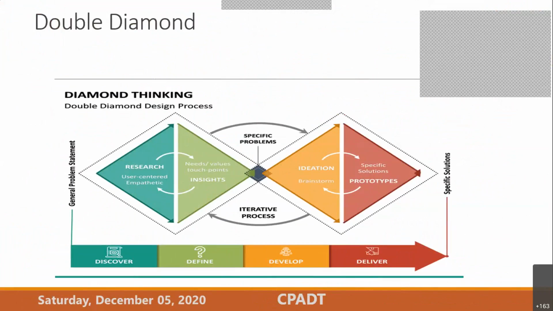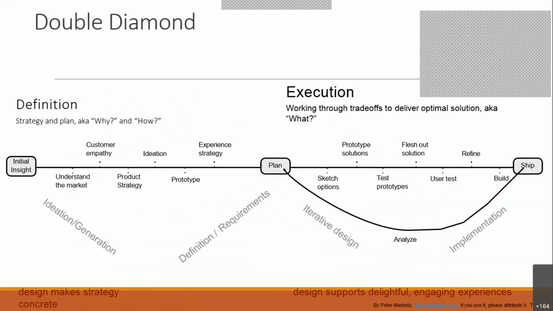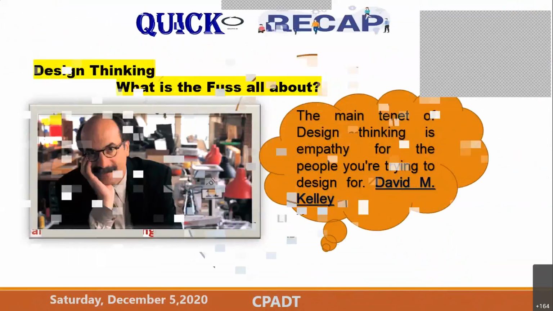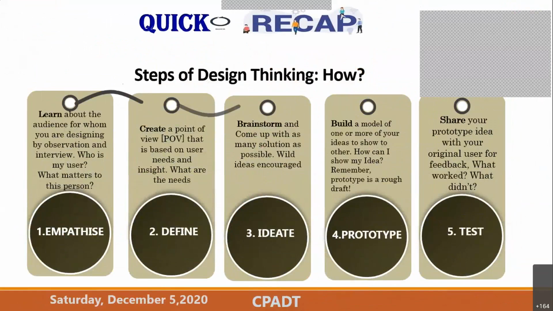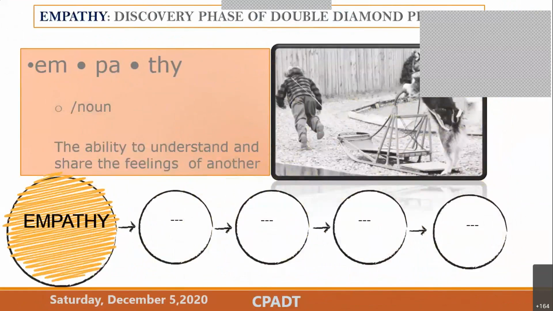So totally 4 Ds. The first 2 Ds, discover and define, are in your first diamond. The second 2 Ds, develop and deliver, are in your second diamond, right? So the discover phase of your first diamond is where you are trying to empathize. You do this in your discover phase.